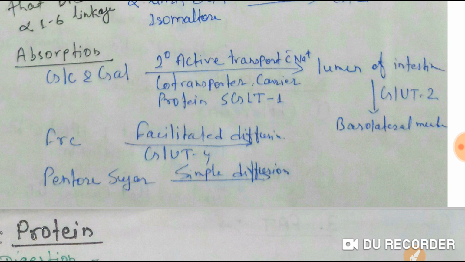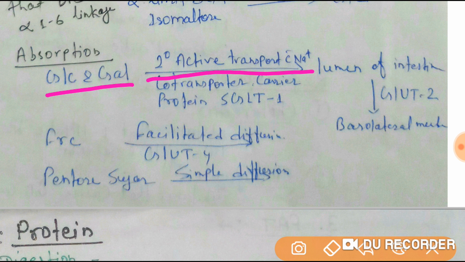So the glucose and galactose, this is an important topic. The glucose and galactose are absorbed from the lumen of the intestine, that means mainly the jejunum, by secondary active transport with a sodium co-transporter.